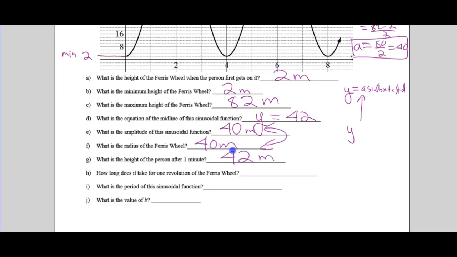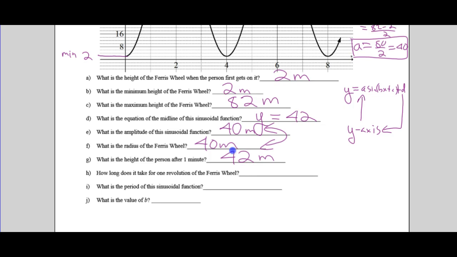What else? So the amplitude and the midline are y-axis things, so they're measured in y-axis units. If it's a contextual question, as in it's not just a sinusoidal graph, but the graph of a car tire going around, or a Ferris wheel, then these have to do with the y-axis, so they'll be in y-axis units, which is meters.